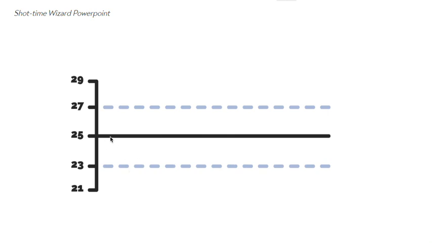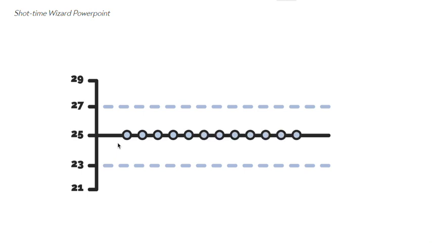Now, obviously, in a perfect world, we would want every espresso to be at 25, sitting there on the line like this. Throughout the day, it would be optimal if we could make every single espresso sit on the 25-second line. But that's almost impossible because with coffee, we're dealing with an organic, natural product.